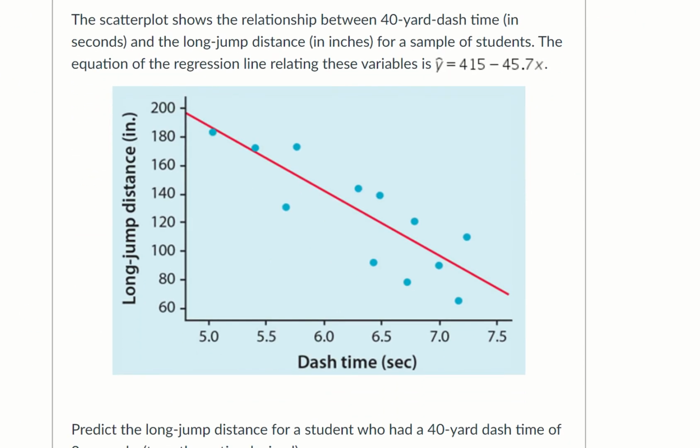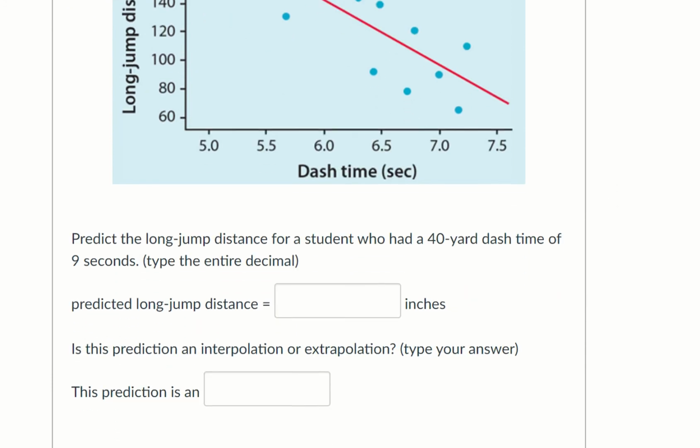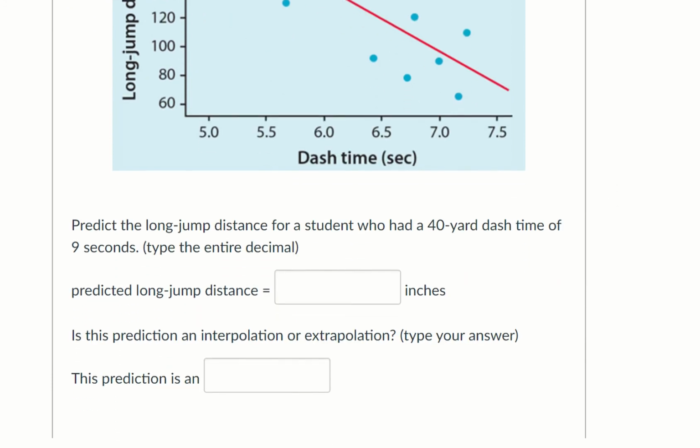The scatter plot shows the relationship between 40-yard dash time and the long jump distance in inches for a sample of students. The equation of the regression line relating these variables is y hat equals 415 minus 45.7x. So we want to be able to predict the long jump distance for a student who had a 40-yard dash time of 9 seconds. Type the entire decimal.